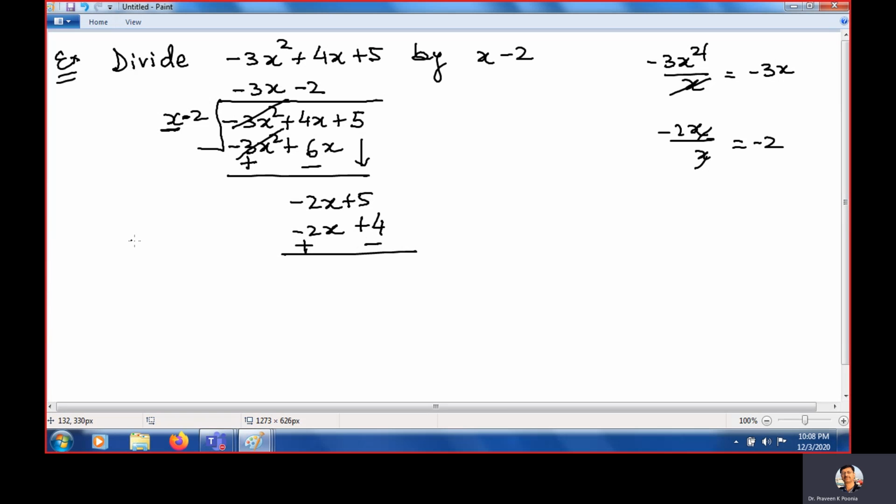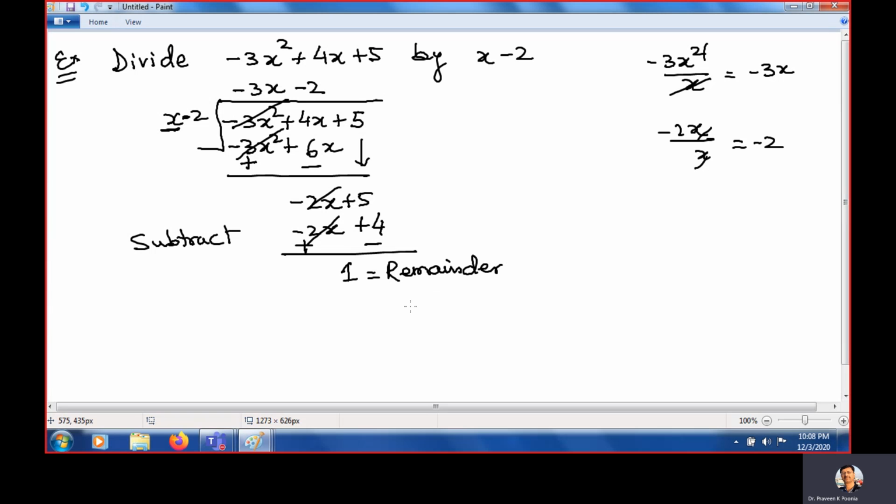Plus minus. Here we always subtract, please remember. Why? Because both numbers are the same sign. We need to change one into another to make it 0. Minus 2x plus 2x is 0 and 5 minus 4 is 1. So this one is the remainder.